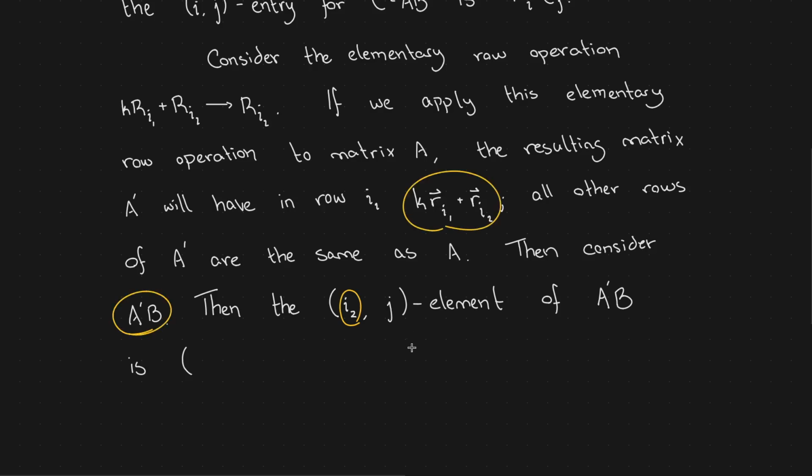We did the elementary row operation to row I sub 2. This is the new row I sub 2 in matrix A prime. So I take that row, and I take the dot product of that with the jth column of matrix B.